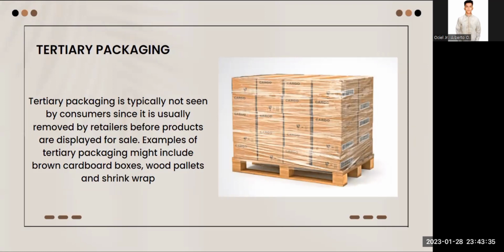For example, tertiary packaging might include brown cardboard boxes, plywood pallets, and shrink wrap. These are ready for delivery to stores or to the companies that sell the products. So these are ready to deliver. Next.